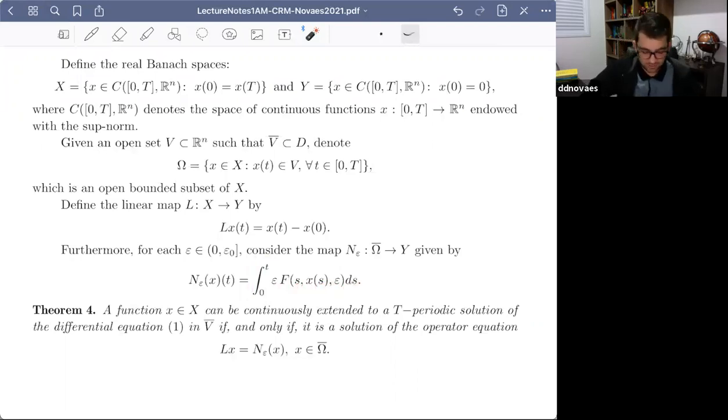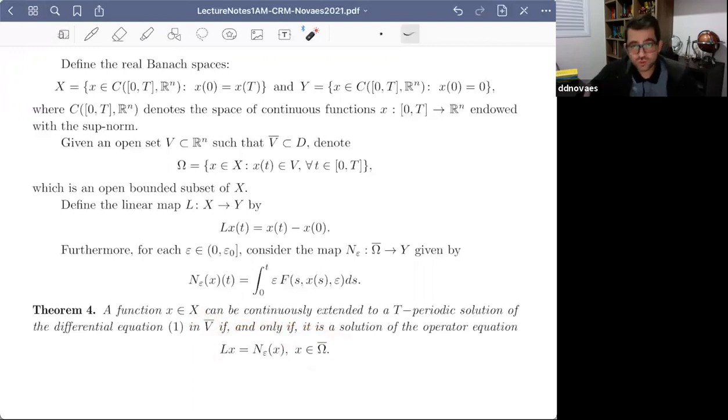Theorem 4, which characterizes this approach, says that a function x in the space capital X can be continuously extended to a T-periodic solution of differential equation 1 inside the closure of V if and only if it's a solution of the operator equation.